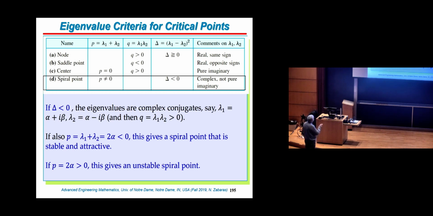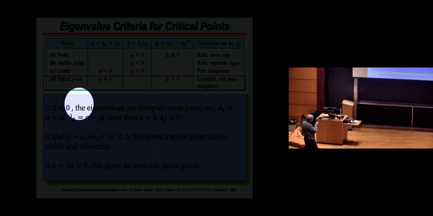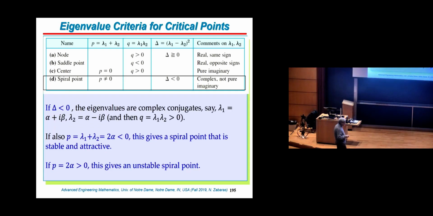So I'm going to take a particular case of delta less than 0 and P not equal to 0. Right, so let's see what this information means. So don't read the slides. If delta is negative, what does that mean for the type of eigenvalues we have? You remember delta was P squared minus 4Q. So if delta is negative, what does that mean for the eigenvalues?